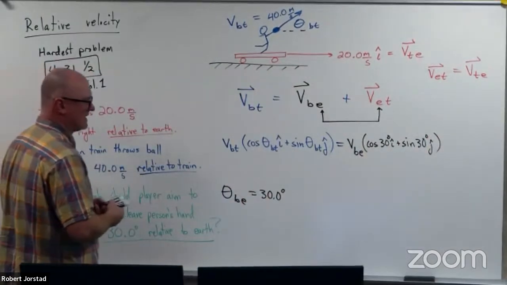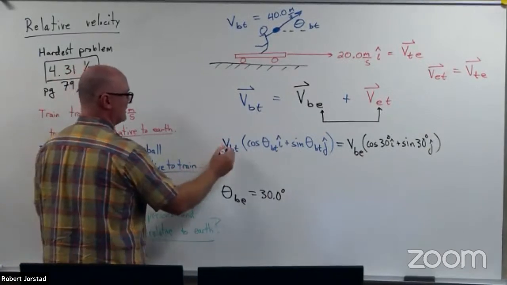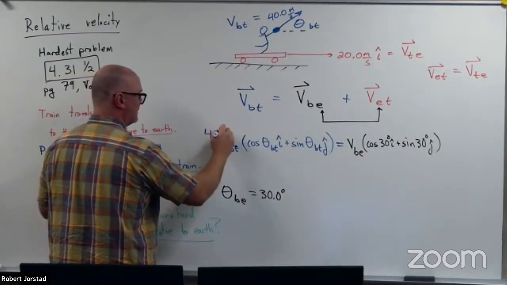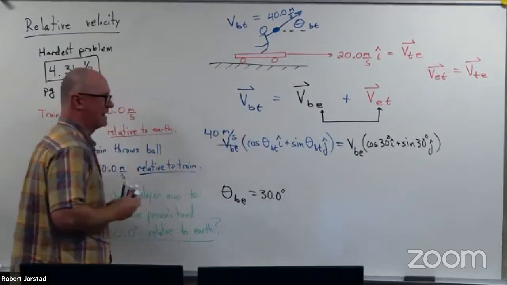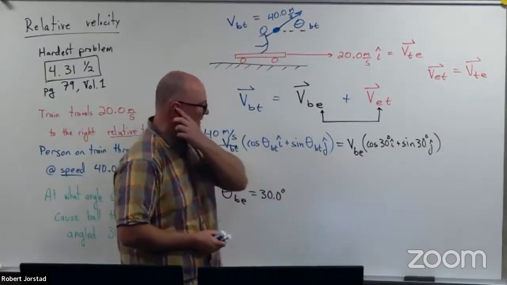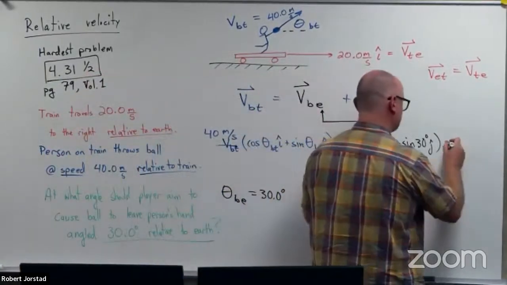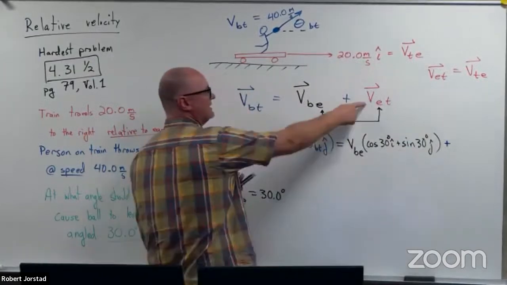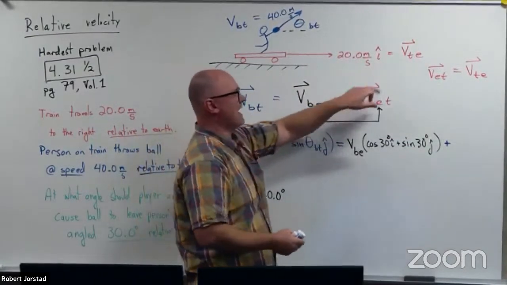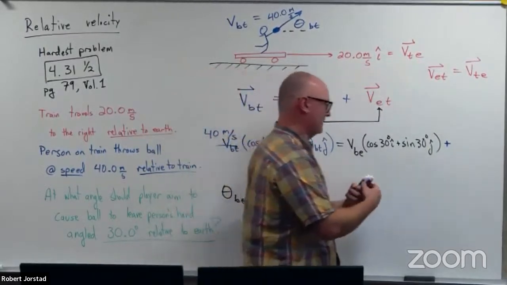Notice in this case, maybe I'll put this one here so you can see it. That's 40 meters per second. Right now, I don't know this angle and I don't know that speed. Let's keep going. Plus, I do know ET. ET is the opposite of TE, which gives me negative.